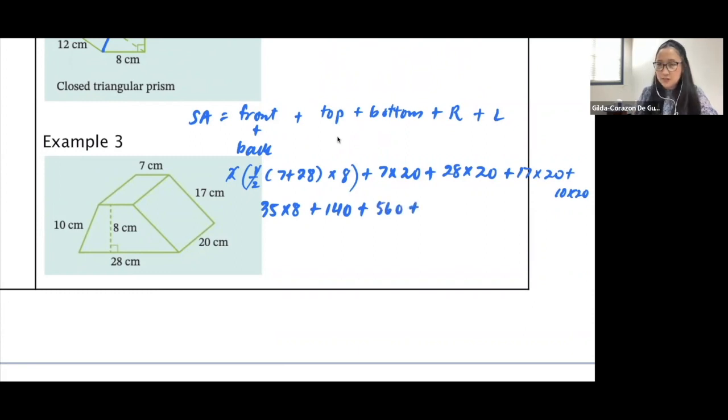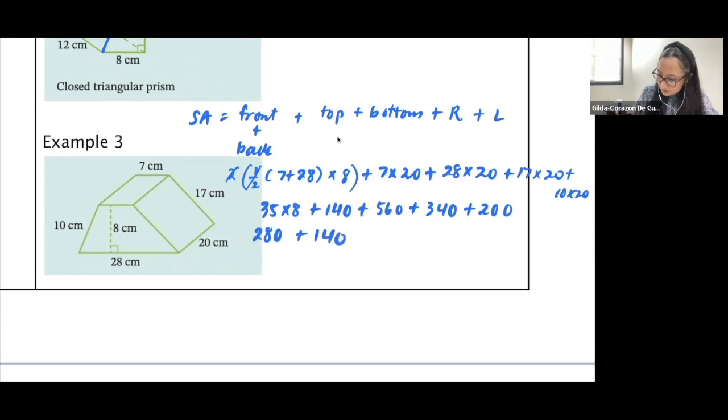Plus 17 times 20. You've got 34 times 10, you get 340. And then the last one would just be 200. Okay, what's 35 times 8? We can double it 3 times this time, right? Because we're timesing it by 8. We double 35, we get 70. Double it again, we get 140. Double it again is 280.